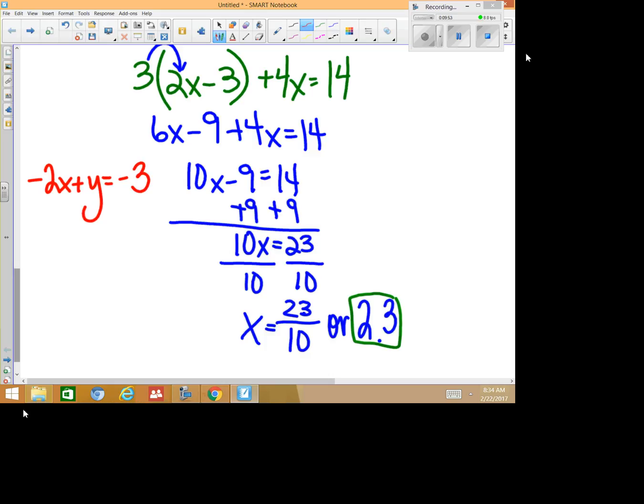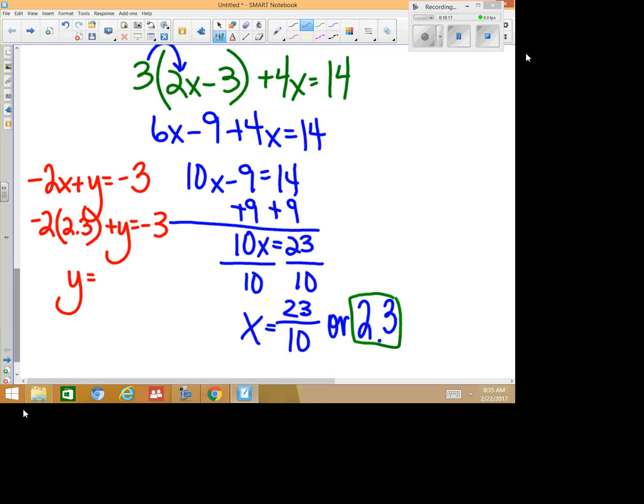So, if x is 2.3, solve that for me. Tell me what y equals. Y equals 1.6. Grace says y equals 1.6.